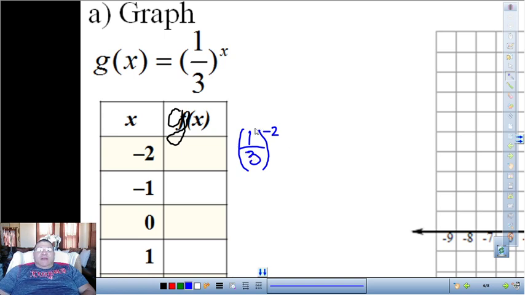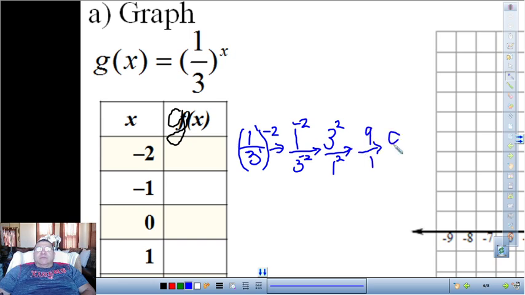So what did we find out? That if we put a 1 here, distribute, this becomes 1 to the -2, 3 to the -2, which is 3 squared over 1 squared, because this goes to the numerator, this to the denominator to change the powers. You guys remember that? And this becomes 9 over 1, which is 9, and that goes right there.